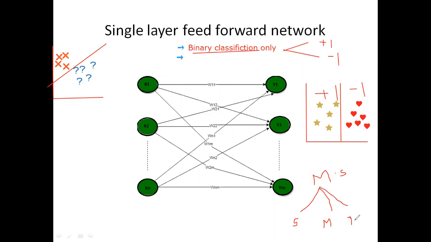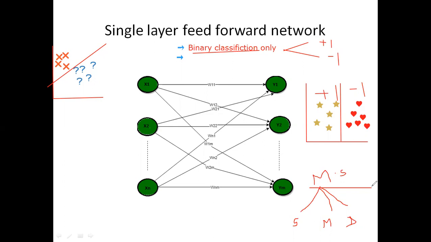Here, three kinds of outcomes are there under the attribute of marital status. How are you going to classify this kind of attribute data by using a neural network?